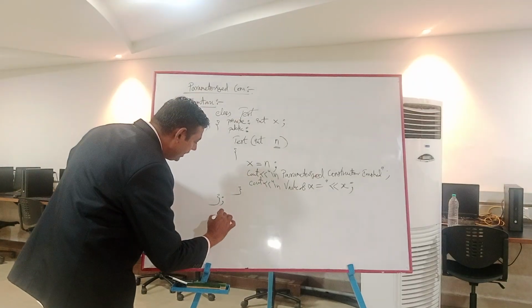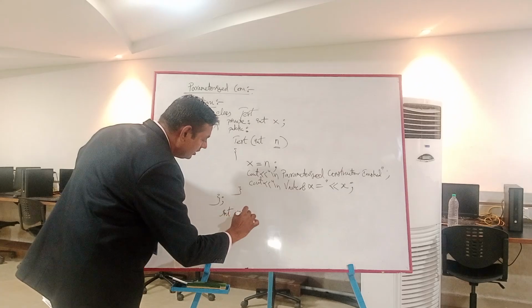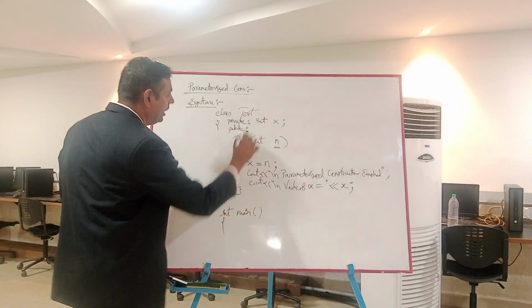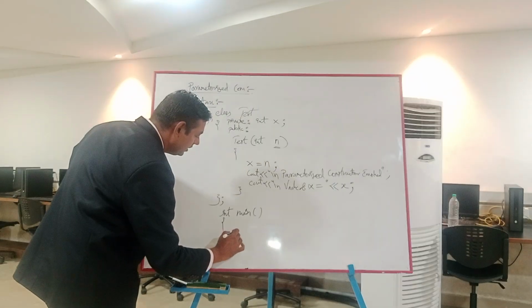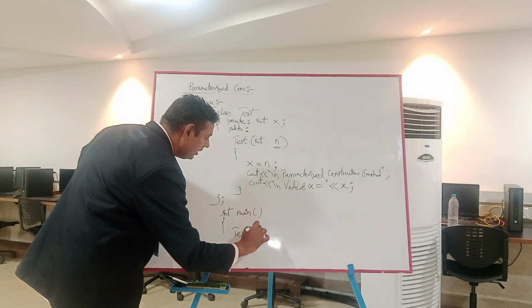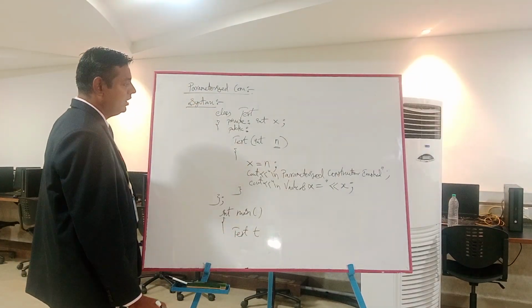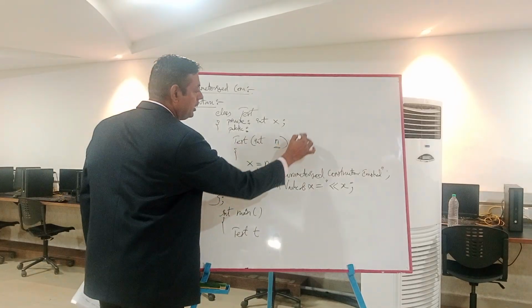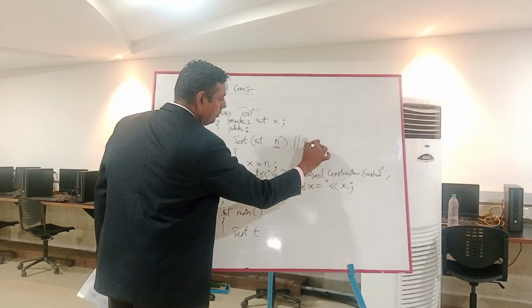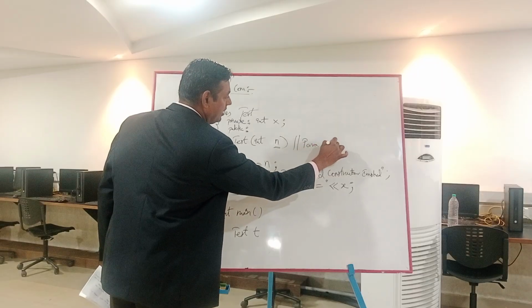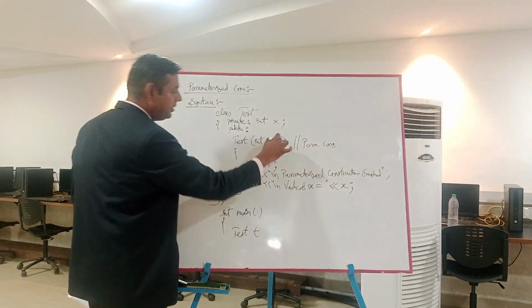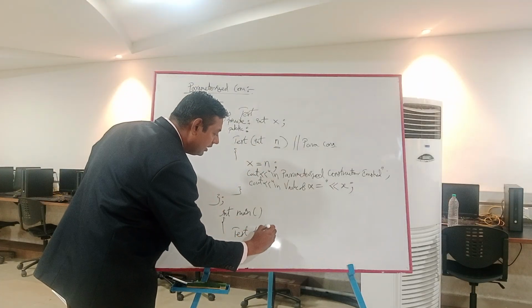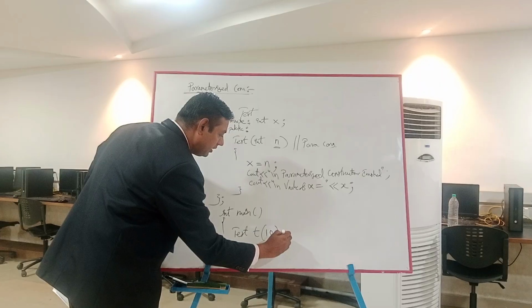Now I have to write the main function. So integer main. I have to create an object for the class, so test t is an object. This is your parameterized constructor, which accepts an argument, so I can pass the argument to this object.